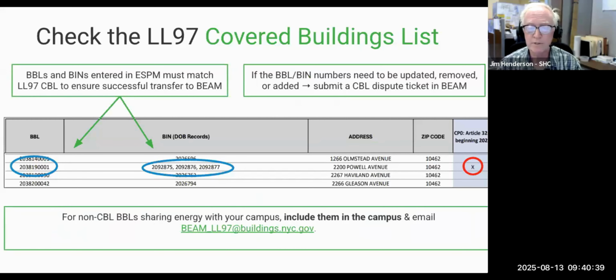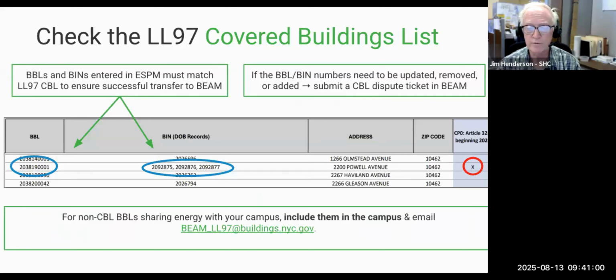Your next step is to check the Local Law 97 covered buildings list, and you use the same steps that you did for the Local Law 84 list. You enter your 10-digit BBL, select Control F, search for your property, and you'll see something that looks like what we have on the slide here.